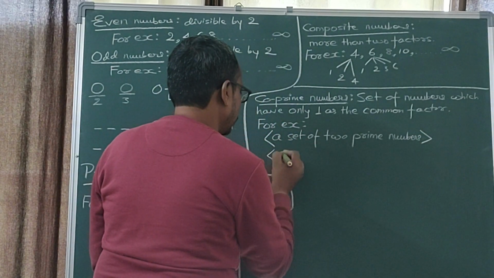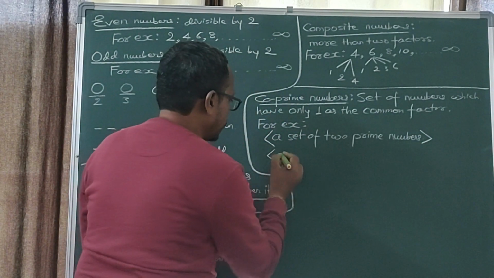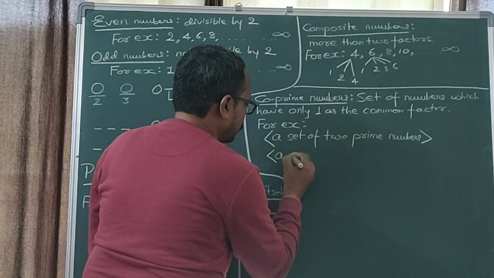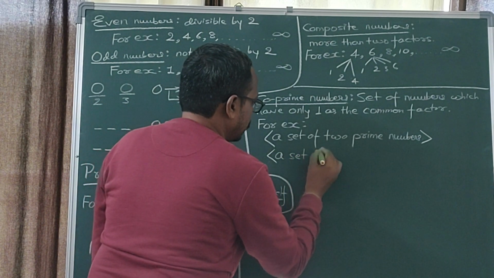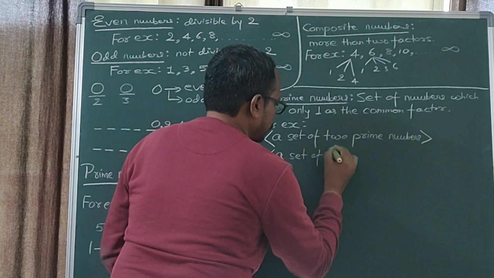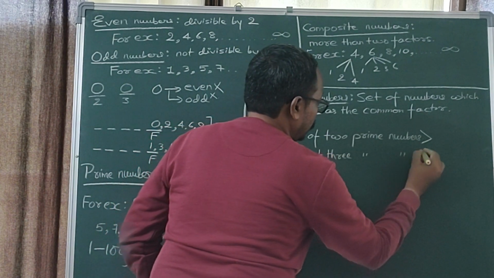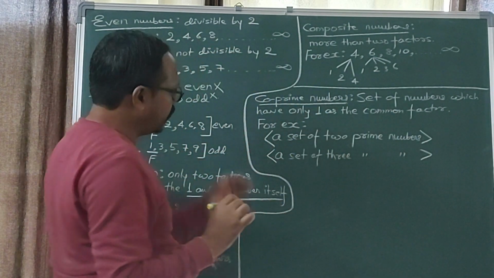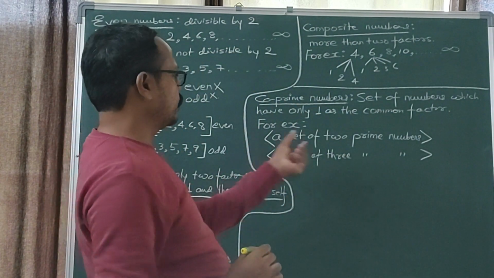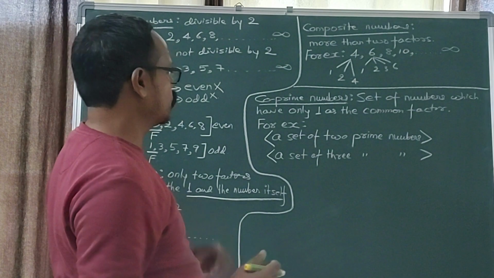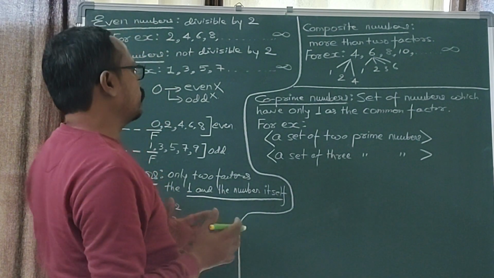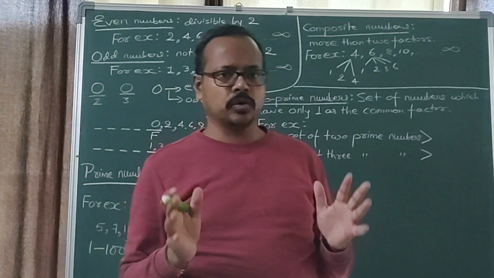Similarly, please pay attention, it is a little bit complex. A set of 3 prime numbers are also co-prime. Similarly, you can go till a set of 5 prime numbers, they are also co-prime. And apart from that, what are the sets of numbers which are co-prime?